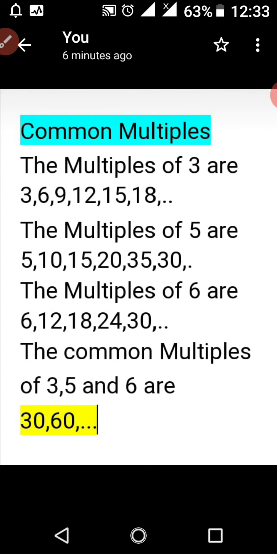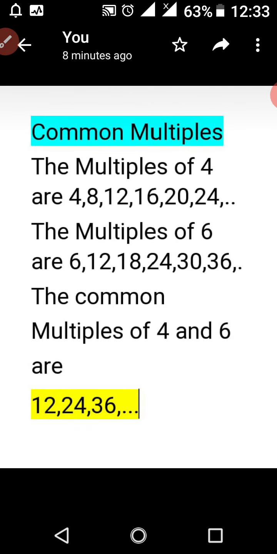Observe one more example. The multiples of 4 are 4, 8, 12, 16, 20, 24 and so on. The multiples of 6 are 6, 12, 18, 24, 30, 36 and so on. By checking both lists of multiples, what are the common multiples of 4 and 6?